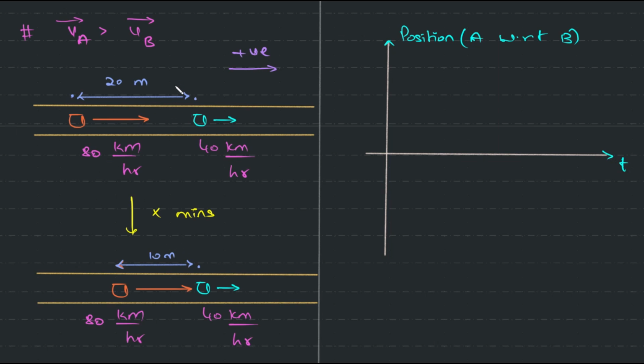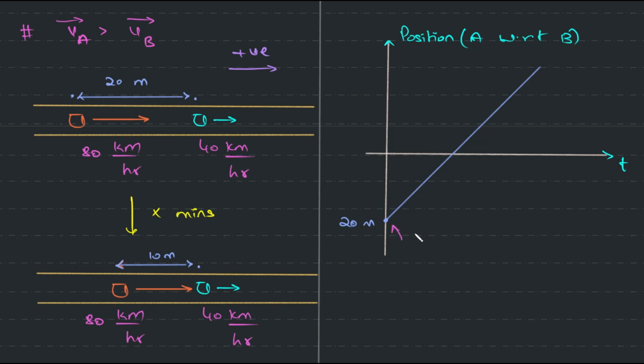Initially the position is to the left, so it is negative and it is 20 meters away. Eventually it will close to 0, and after that, the car will overtake and it will increase in this manner.